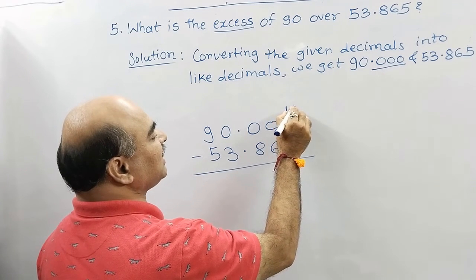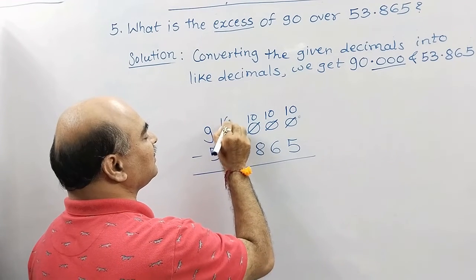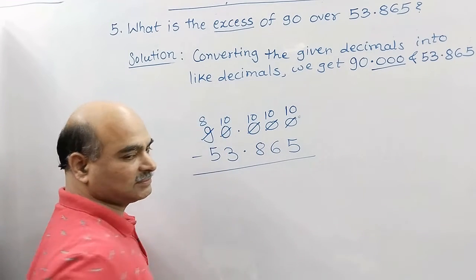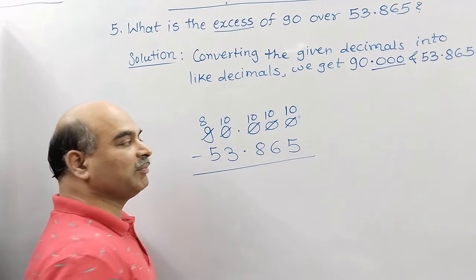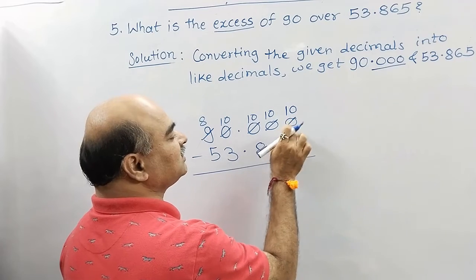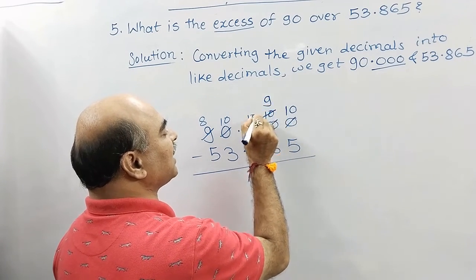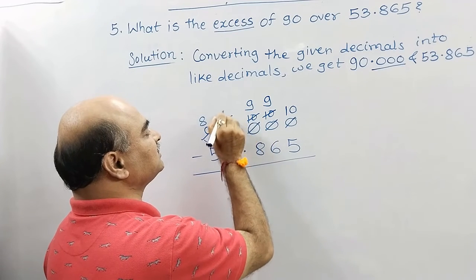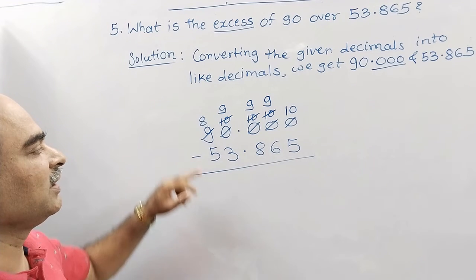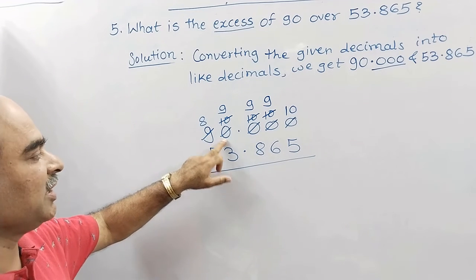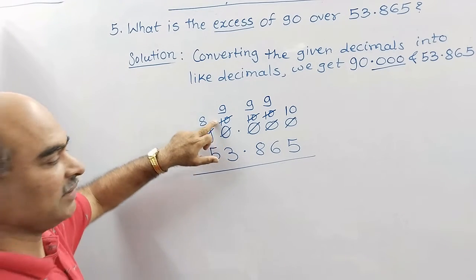First 0 becomes 10, 10, 10, 10. Step number 1. Step number 2. First 0 becomes 10 and the other 0s become 9. It's very simple to understand. This 0 becomes 10, borrowing 1 from the next.